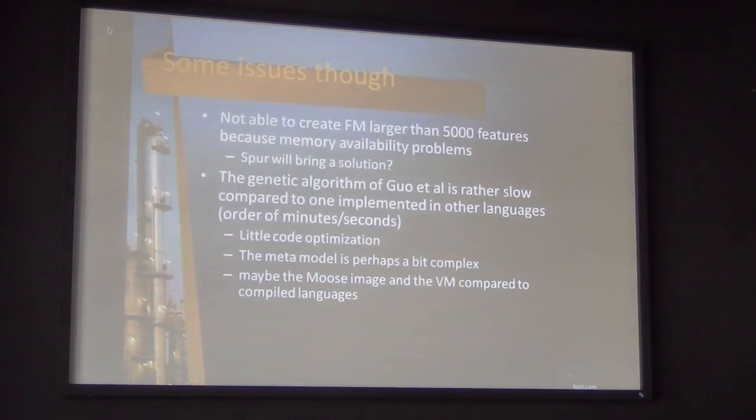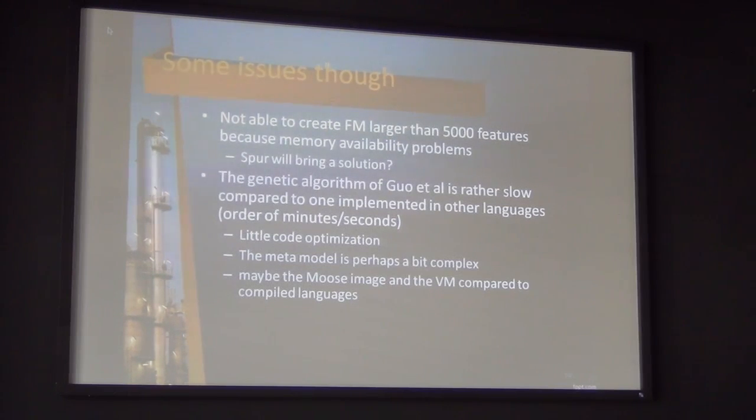I encountered some issues though. The first one is I wasn't able to create more than 5,000 features, mainly because I had some memory problems with Pharo. So maybe using Spur in the future will resolve this kind of problem.